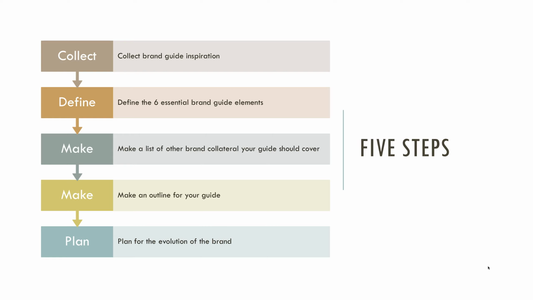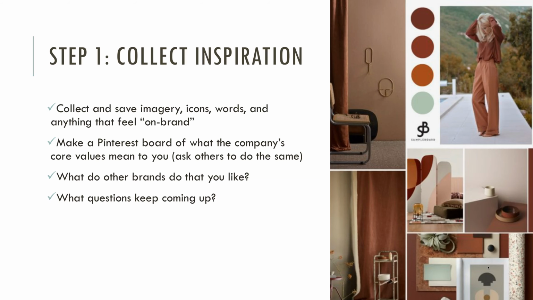And then in the real world, we would also be planning for the evolution of a brand. Brands don't stay consistent over 60 years. If you think of some logos that existed 60 years ago and those companies are still in business, their brand has evolved and their logo, along with a lot of other brand topics, have also evolved.